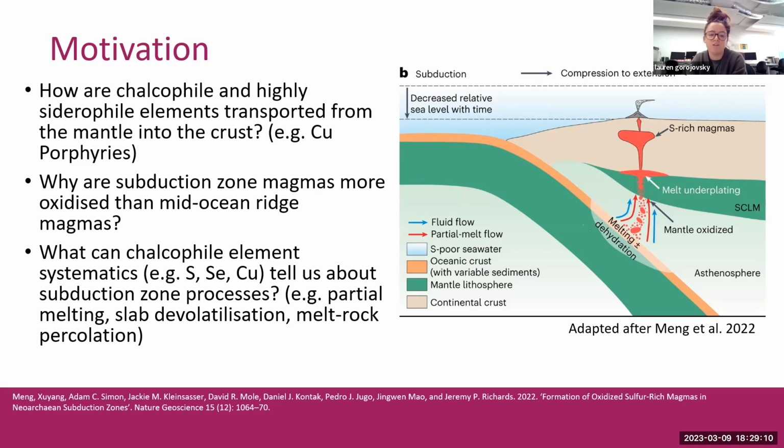But a part of my PhD research has been developing a method so that we can analyze these elements and see if they can give us more information about the partial melting or dehydration of the slab, or even melt-rock interactions as it migrates upwards.